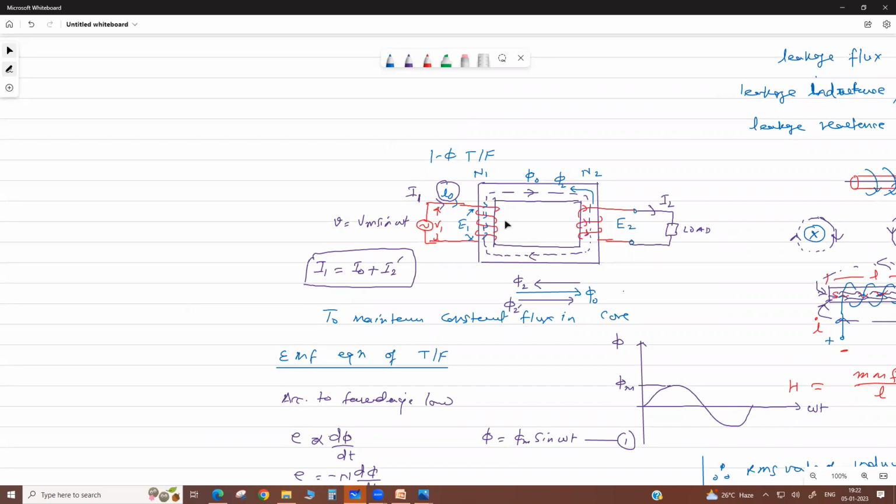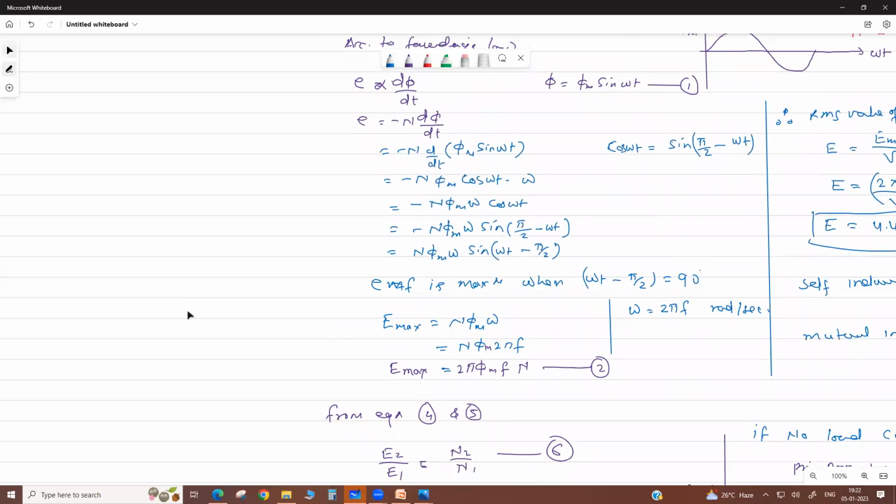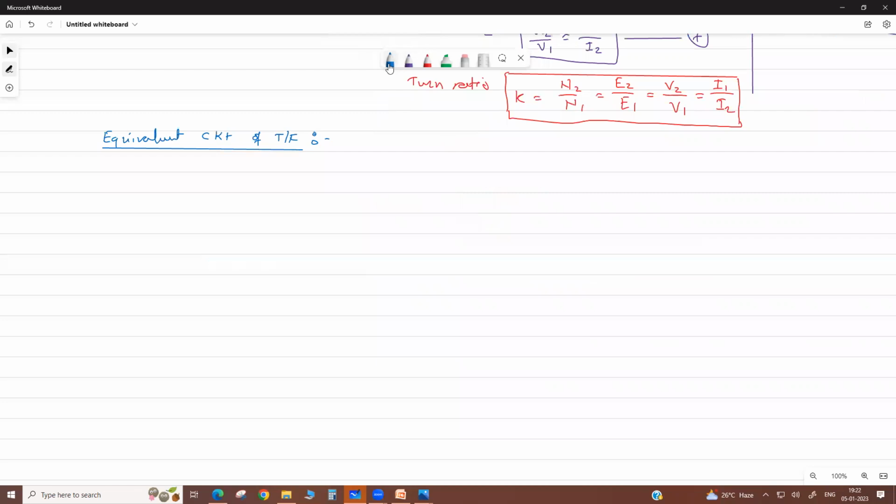Due to leakage flux, there is a leakage reactance of primary and secondary both. The core is represented by the magnetic core, like in a three-phase induction motor, same here.